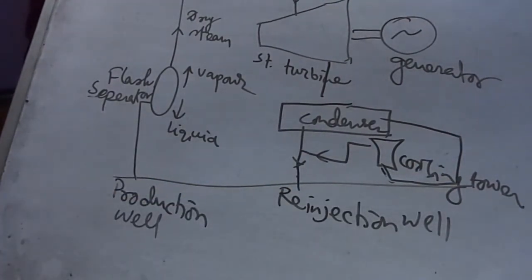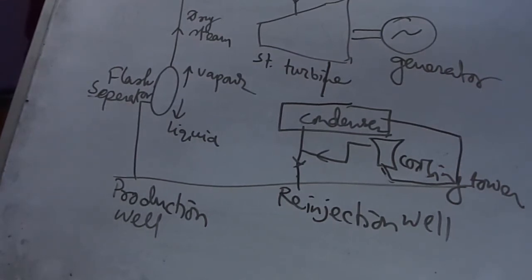Re-injection well. In the single flash system, the steam is separated and used to generate electrical power in the usual manner. The remaining highly saline hot water, known as brine, can be used for direct heat and then re-injected into the ground.